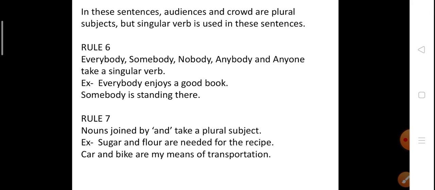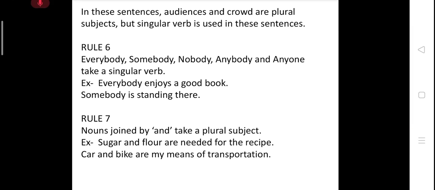Now rule number 6 says that everybody, somebody, nobody, anybody and anyone take a singular verb. So with these words, we always use a singular verb. For example, everybody enjoys a good book. As you know, in the tenses we have learned that whenever we are writing for a singular person, with the verb we write s or es.